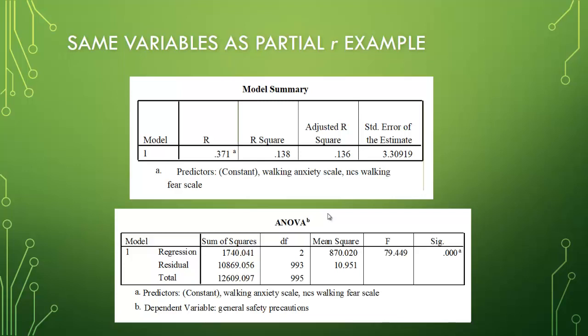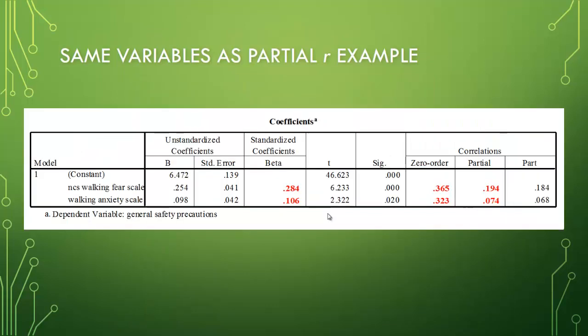Now that we know that the model in the aggregate is significant and explains 13.8% of the variability in the dependent variable, we can look to the coefficients individually to see how they contribute to that explanation. So this is the coefficients box. It looks very similar again to the simple bivariate regression that we ran in the previous lesson. So notice we have two variables listed here, the fear scale and general anxiety scale.